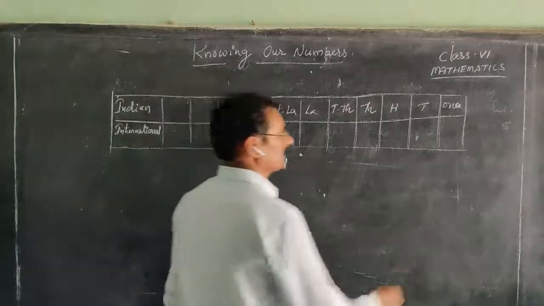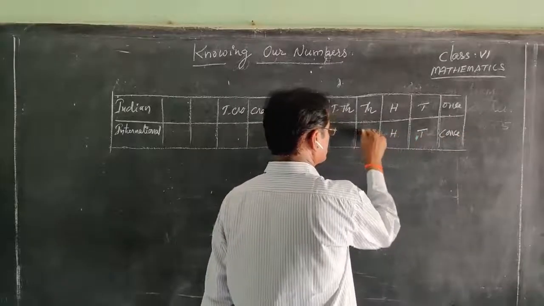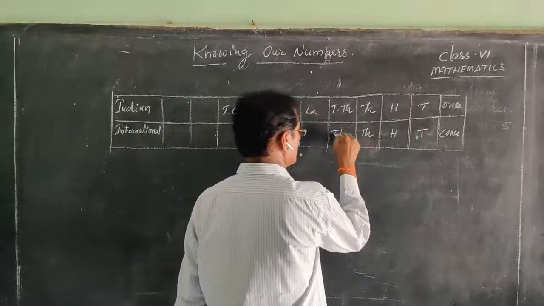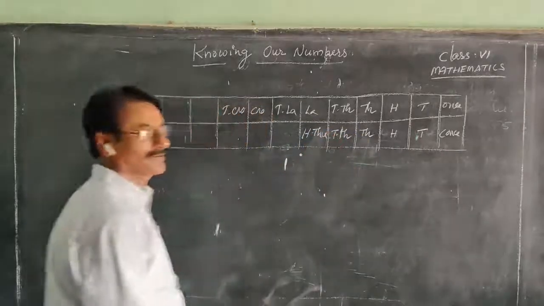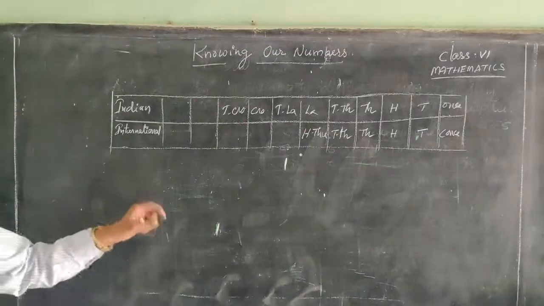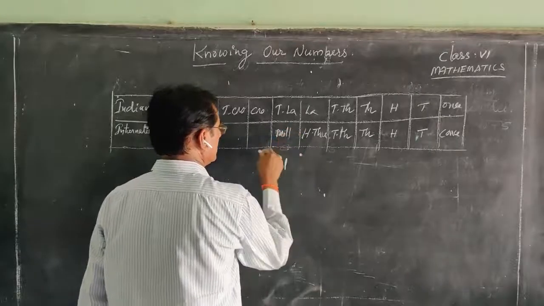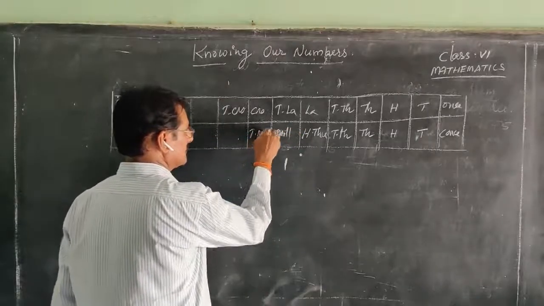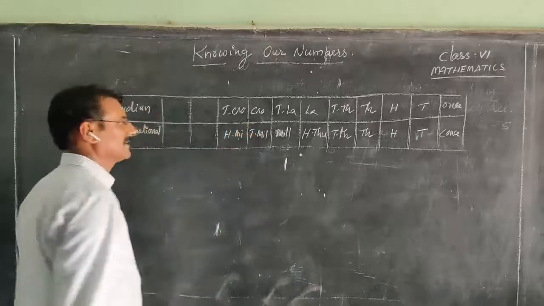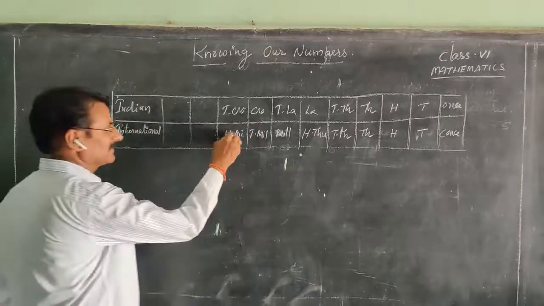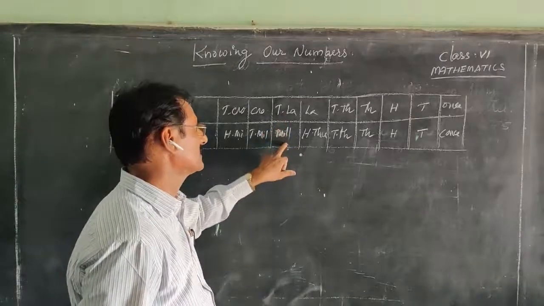But in the international system: 1, 10, 100, 1,000, 10,000, 100,000. Do you observe the difference between them? Next, million, 10 million, 100 million. They use million in the lakh and 10 lakh places.